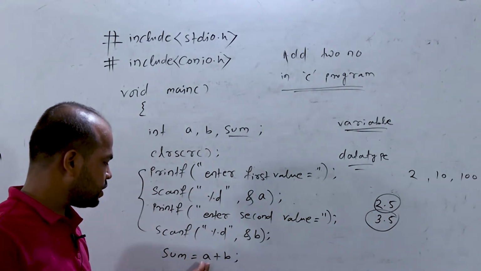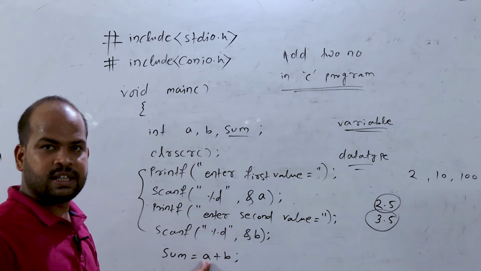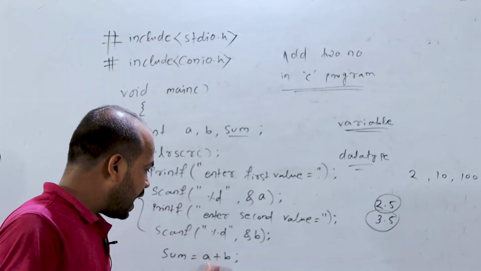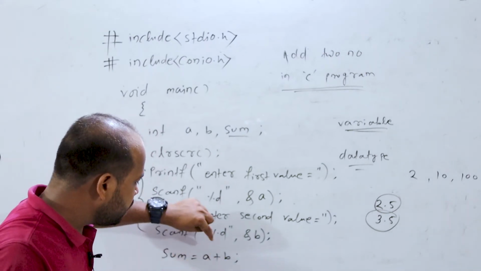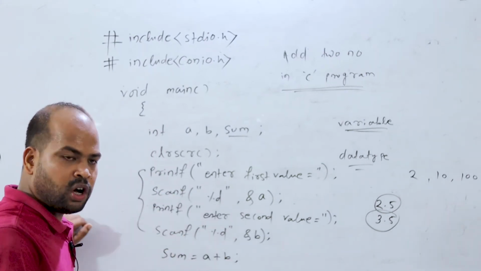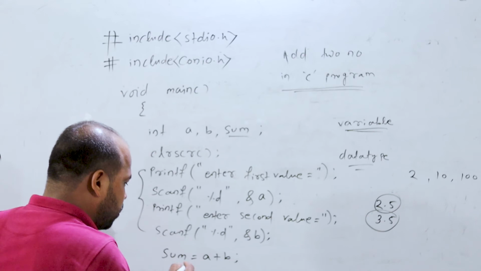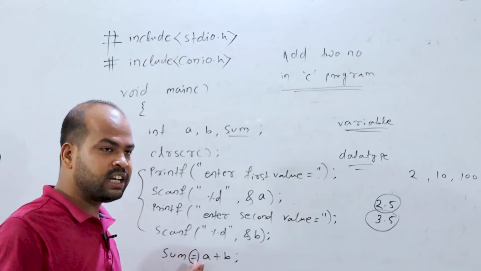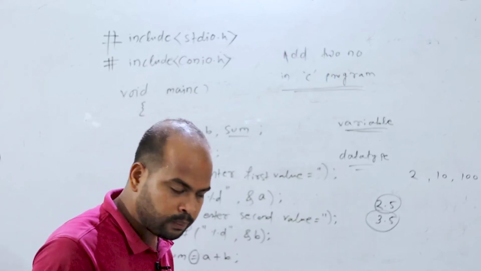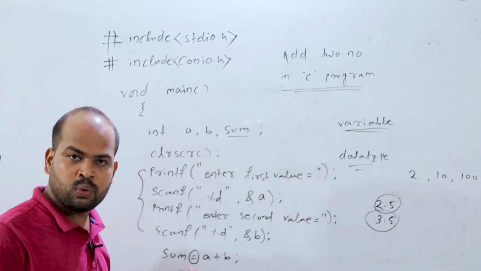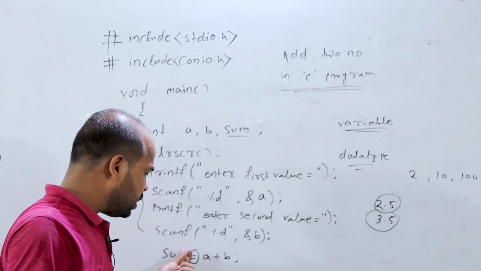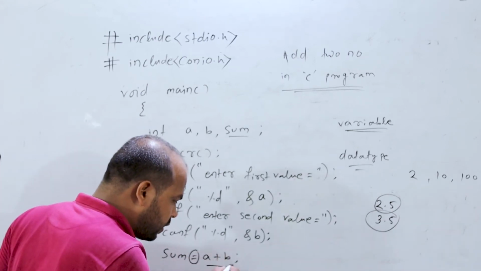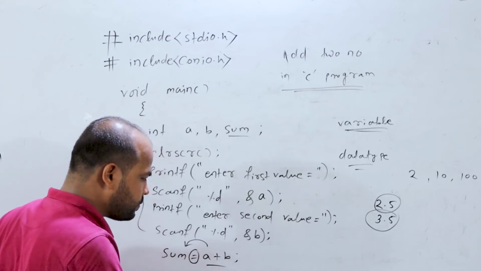The first value is stored in a, the second value is stored in b. After the addition, it will be stored in a variable, because of the equal operator. What is the work of the equal operator? The equal operator is used to store the value from the right side to the left side.